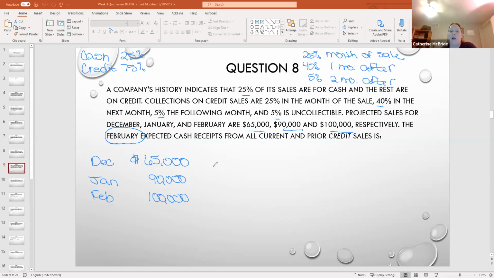So from our December sales, current and prior sales, I wrote this wrong then. Start off with the cash receipts, right? The 25%. Projected sales for December, January, and February.